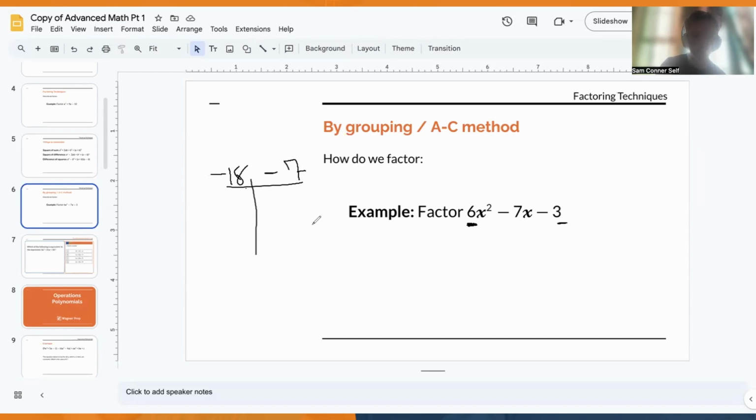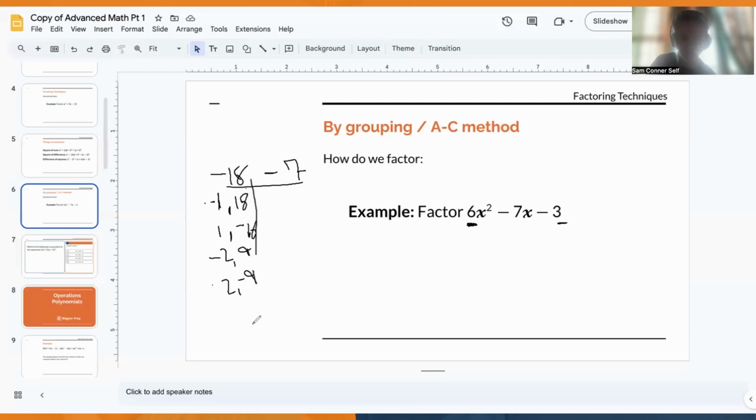And go through, you can list these all out. So it'll be 1 and 18, or negative 1 and 18, and then 1 and negative 18. And then you can also do negative 2 and positive 9, 2 and negative 9.